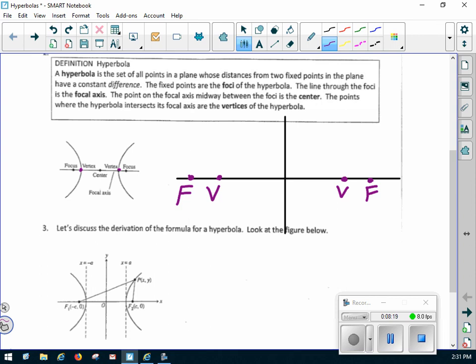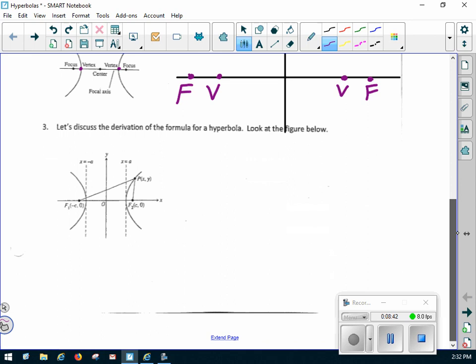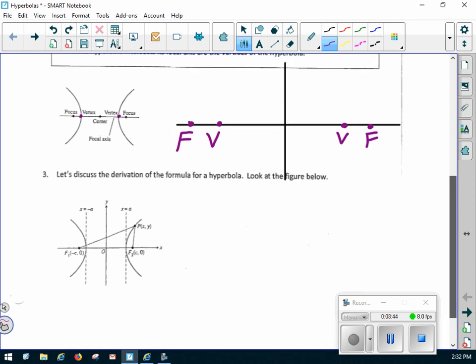What do you notice is the first difference between a hyperbola I'm laying out and an ellipse? Look, in an ellipse, do you see the foci are closer to the center than the vertices? It's backwards on a hyperbola. The vertices are closer.